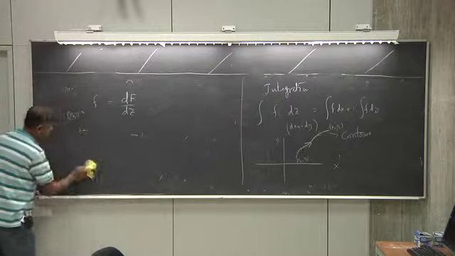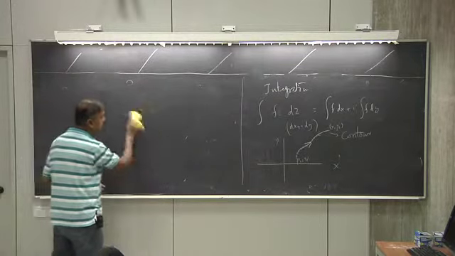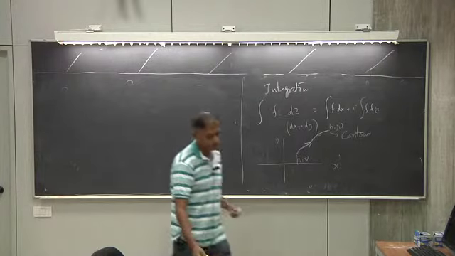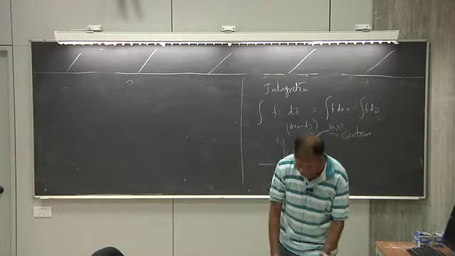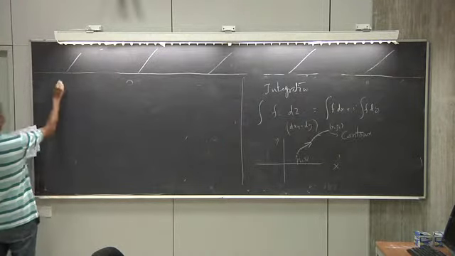Okay. What else now? There is one inequality which you can prove, and that's a very useful inequality which we'll use again and again. The inequality is called the Darboux inequality.